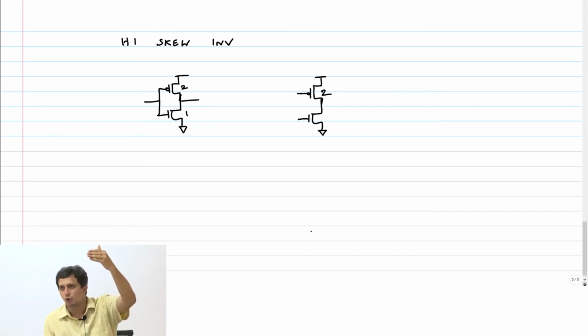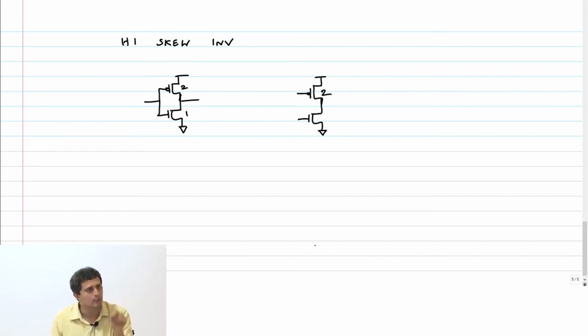So when the output is rising through the PMOS transistor, the capacitance that is coming from the NMOS is dead weight. Therefore, I am going to reduce that capacitance. So I will make this half, assuming that the unit width is larger than the minimum width allowed in the technology.